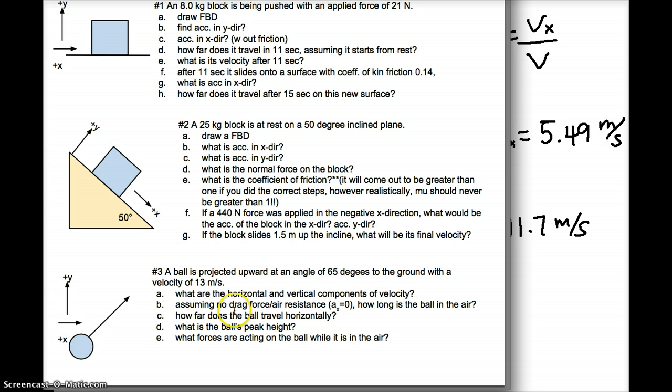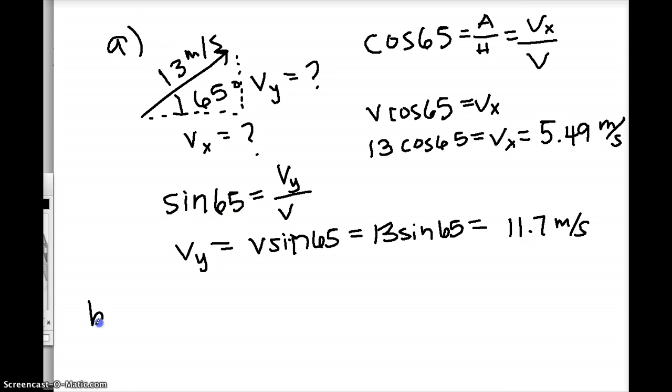Part B, assuming there's no drag force, there's no forces acting in the x direction, how long is the ball in the air? So one way we may want to do this is to declare that based on what was given, by the time the ball takes off and lands, the change in its y position will be 0.